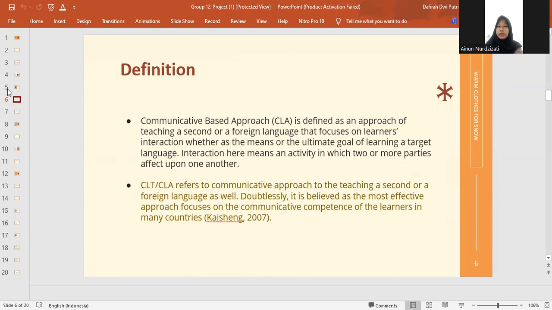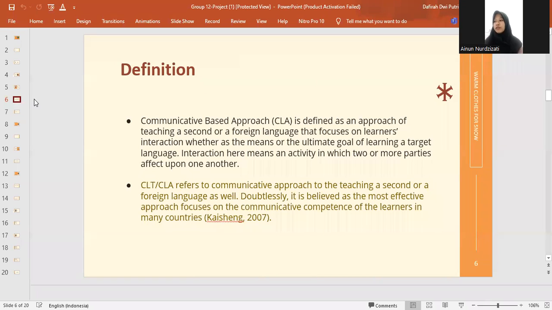The first material is about the definition of communicative language approach. Communicative-based approach is defined as an approach of teaching a second or foreign language that focuses on learning interaction, whether as the means or the ultimate goal of learning a target language.